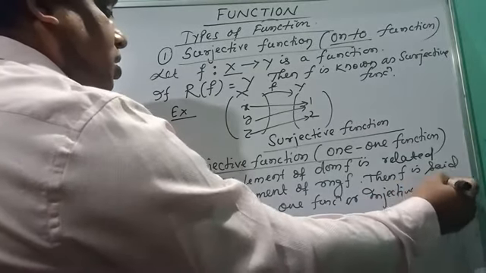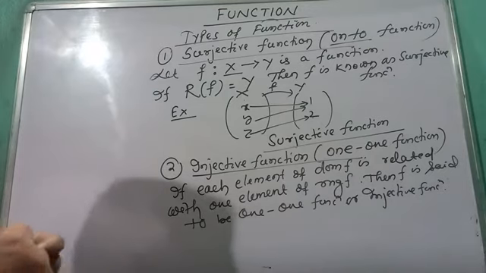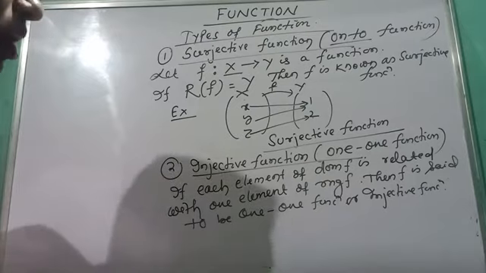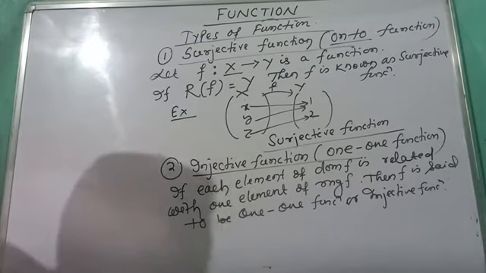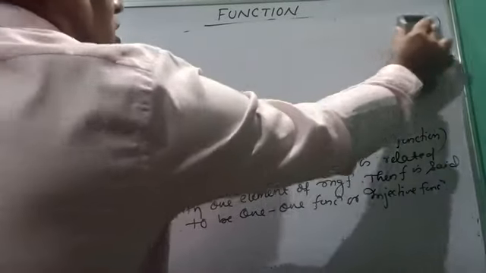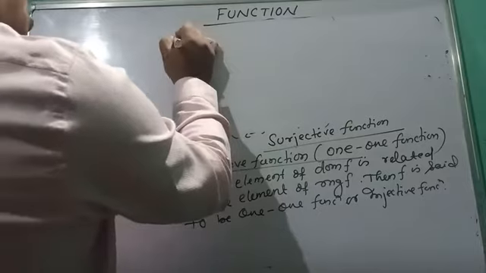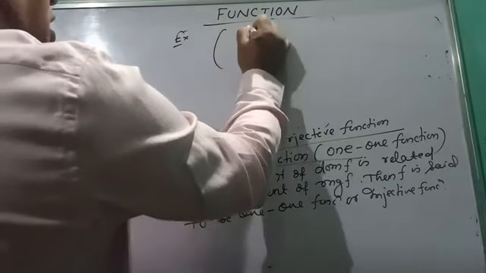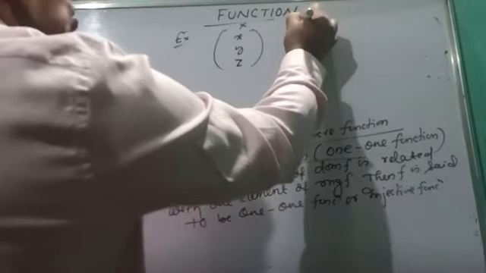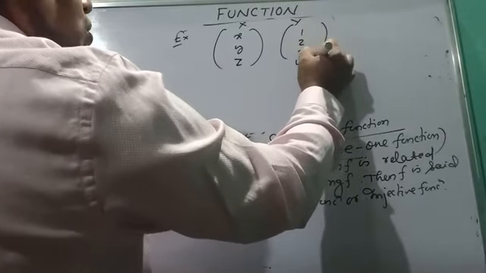That is, each element of the domain of f is related with one element in the range of f. Take an example. Suppose X contains x, y, z, and Y contains the set 1, 2, 3 and 4.